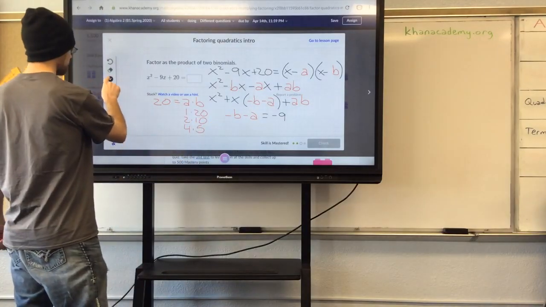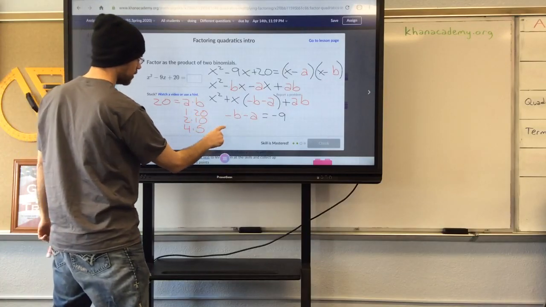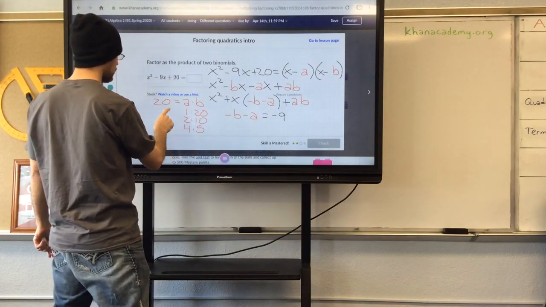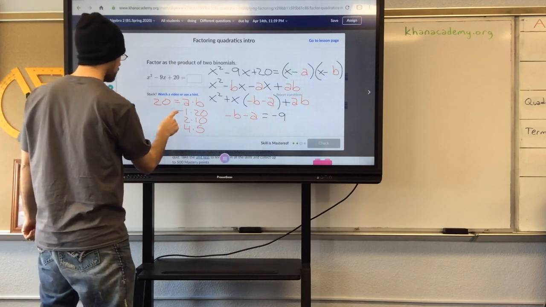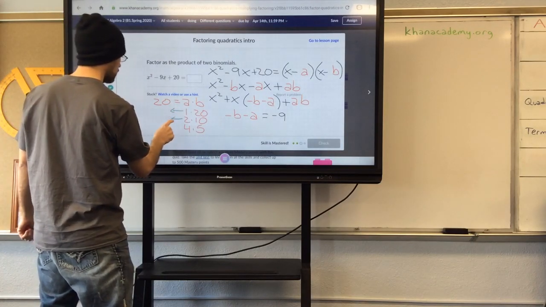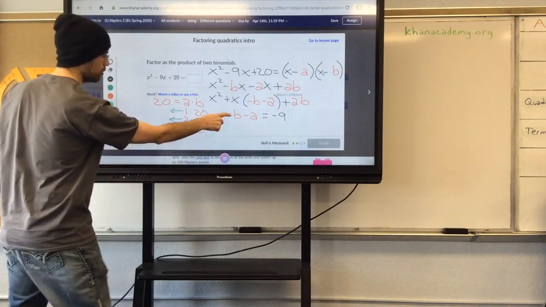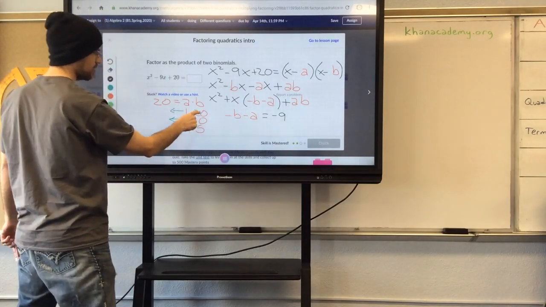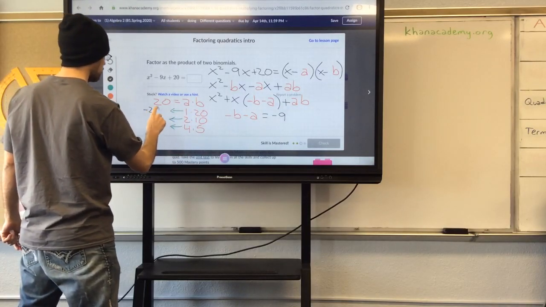In this case, negative b is negative 20, okay? So, let's do it this way. If we do negative b minus a, that's negative 20 minus 1 is negative 21.